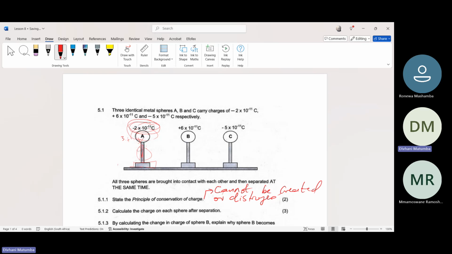It means some electrons were reduced and moved to B, but a little bit. A lot of electrons moved from C to B. Electrons moved from A to B and also from C to B.